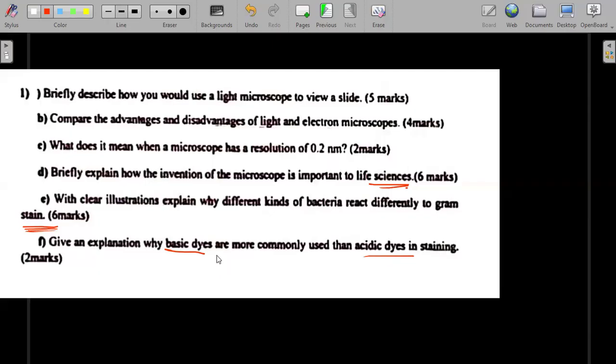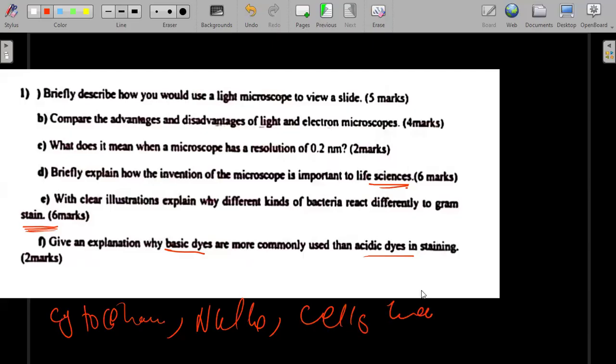If you look at the cells and most of these structures, the organelles, the cytoplasm, the nucleic acids, and the cell walls, you find that these cellular structures are actually negatively charged.